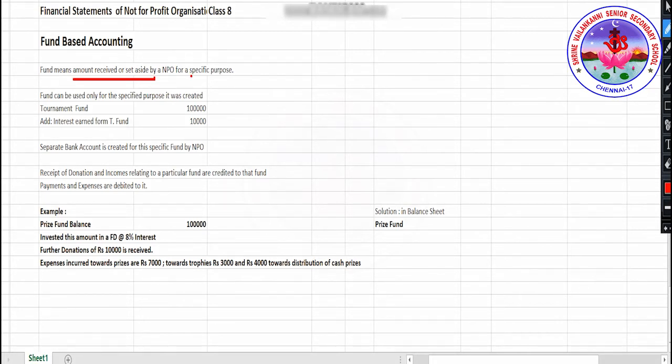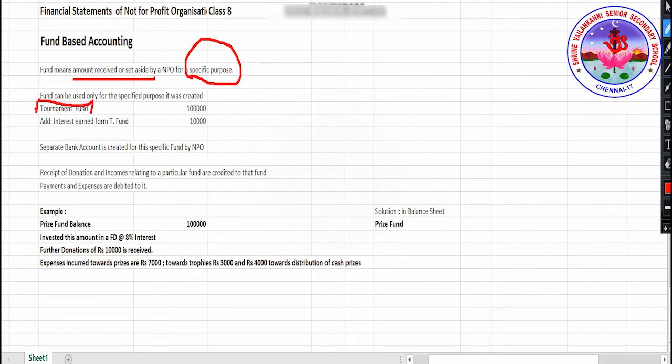For example, a tournament fund. In cricket you may have some tournaments to be played, so this fund is set aside for the specified purpose of conducting tournaments.